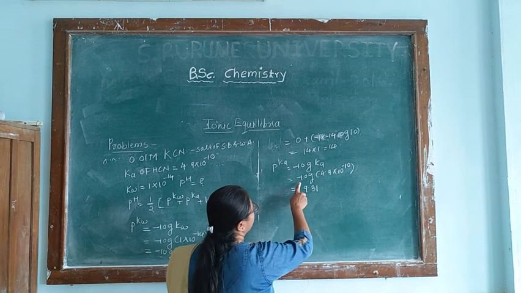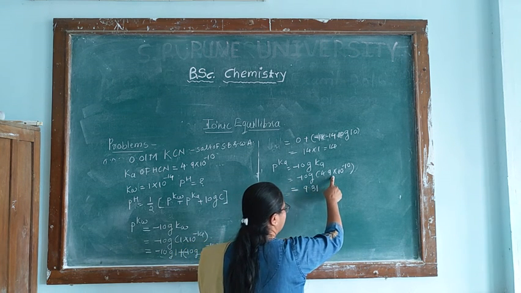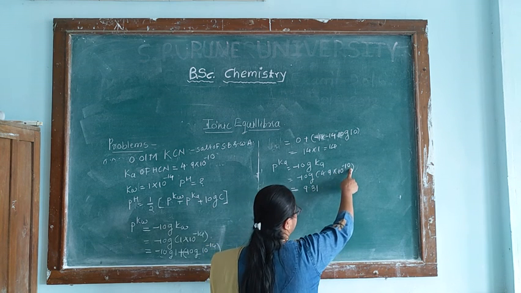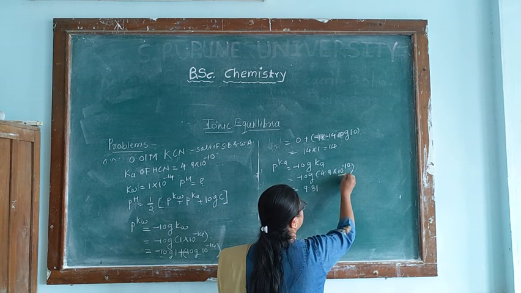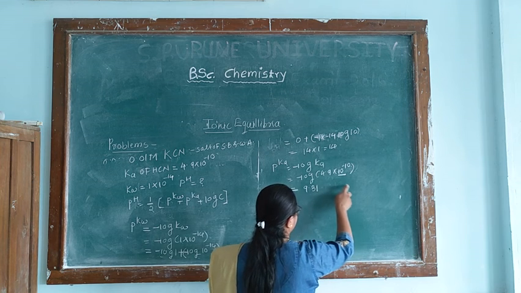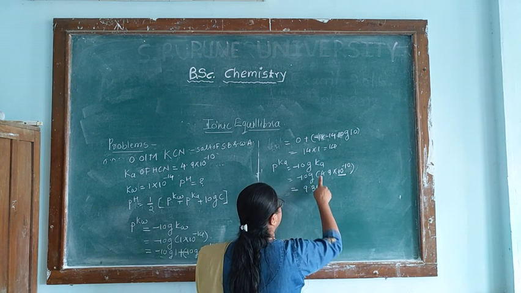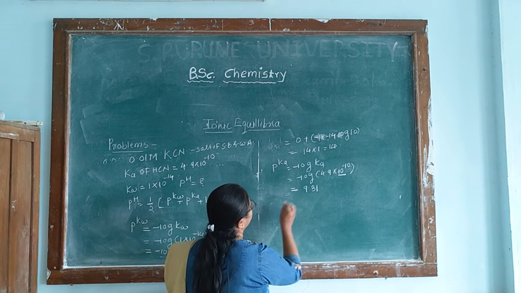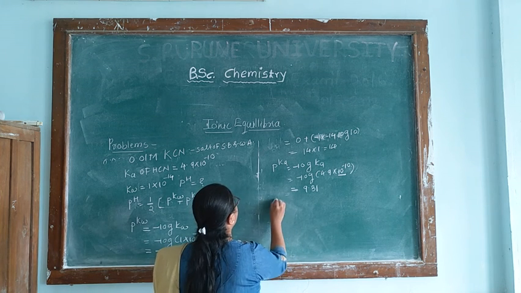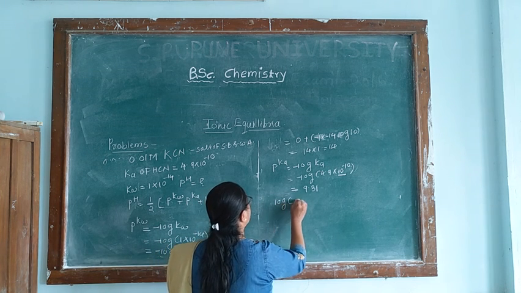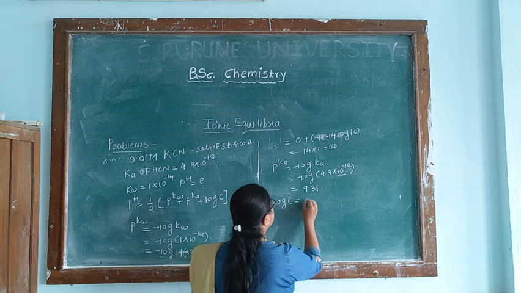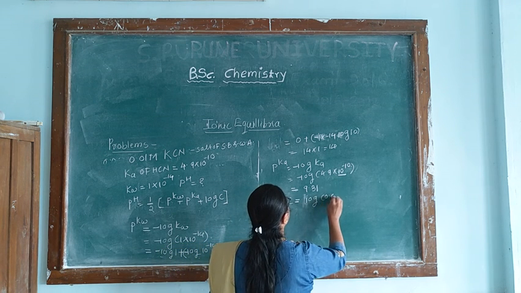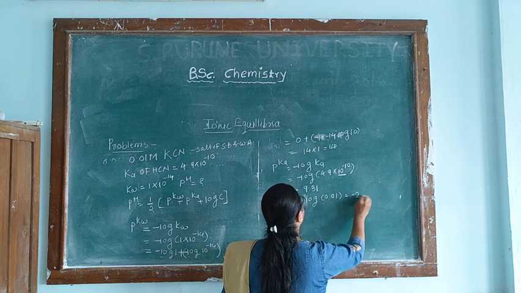Here it will be minus log of 4.9 plus, in brackets, minus log of 10 to the power minus 10. The log of this term will become 10 minus log of 4.9, so the answer is 9.31. We need to calculate log C again. The concentration is 0.01, so log of 0.01 is simply minus 2.